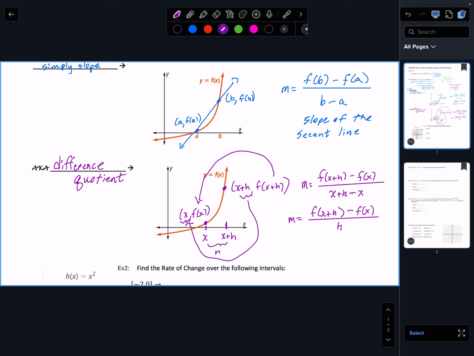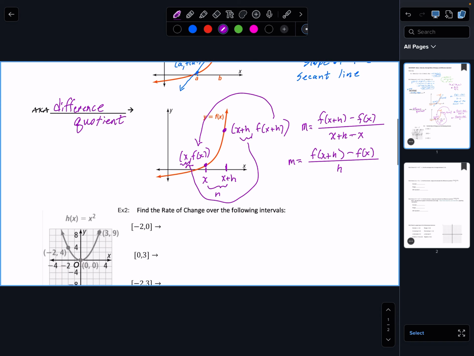It's simply slope, right? How hard could it be? It's more abstract, lots of variables, a little different than what we're used to. But welcome to just growing up in mathematics. It's a good thing. All right, so we're going to have some more concrete examples down here.